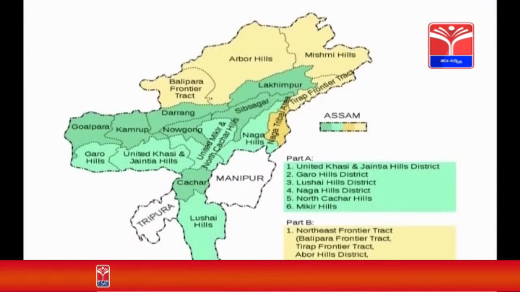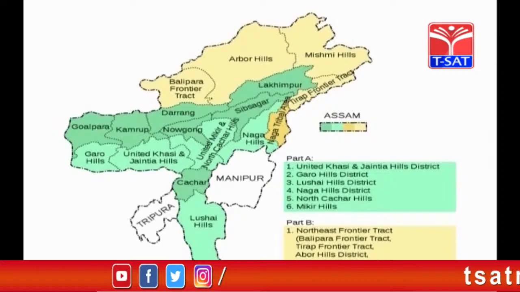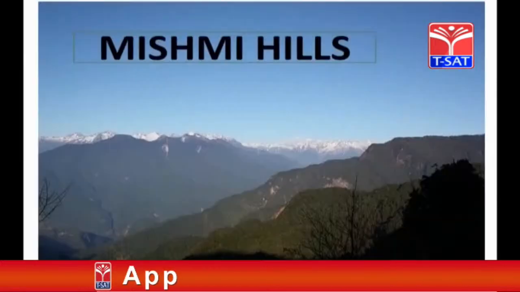You can see this one. What hills are located in this region? The Purvanchal Hills. Observe the map. Assam, Arunachal Pradesh, Manipur, Nagaland: all these states have this type of hills.